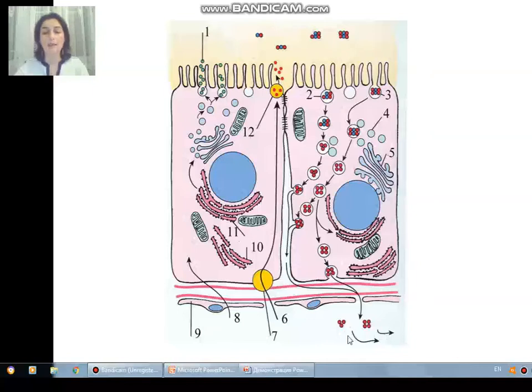Okay, then from the T3 and T4, T3 is more active, but it has a short lifespan, approximately 1 day or 18 hours mainly. But T4 has a long lifespan, approximately 5 to 7 days.